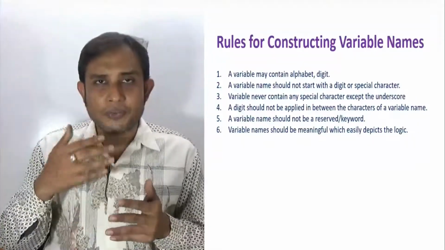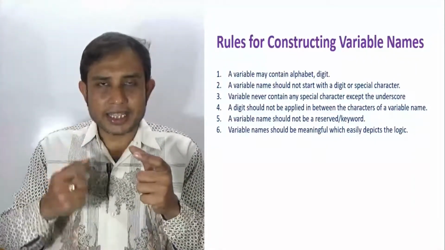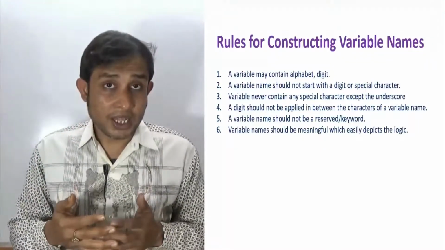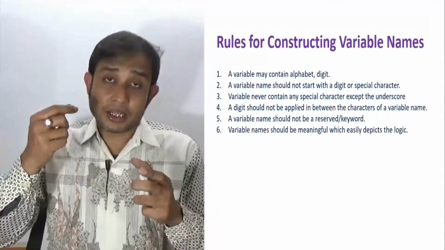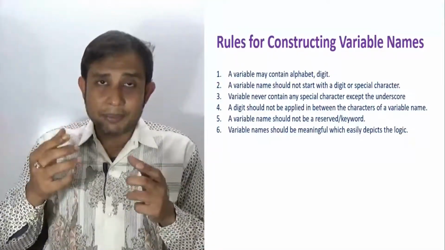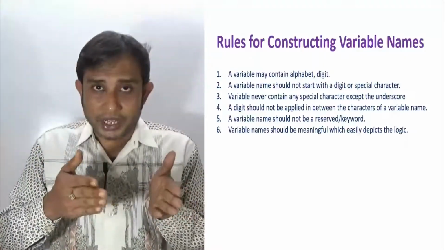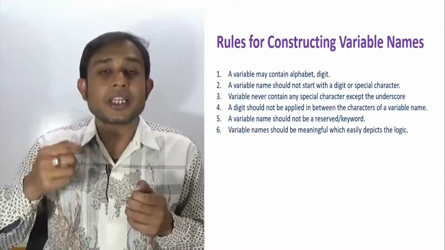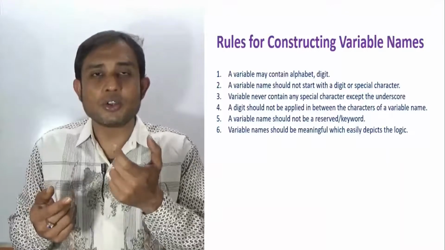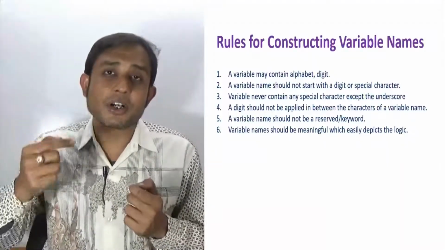The basic difference between a variable and a constant is that the value of a constant is never changed during the execution of the program, but in the case of a variable we can change the value stored in it during the execution of the program. That means the value of a particular variable may vary during execution. Suppose the constant value of a is 10; during the execution of the program, the value is never going to change.